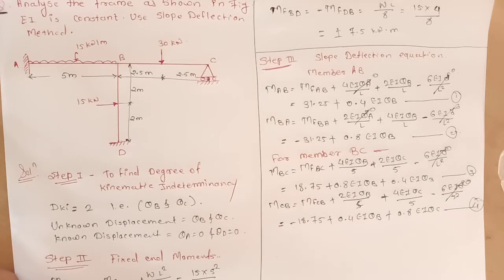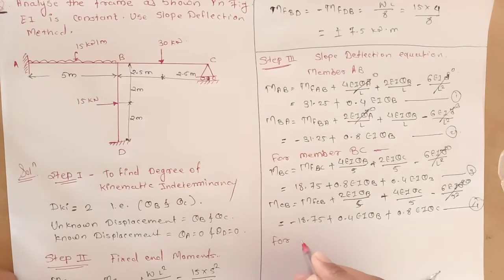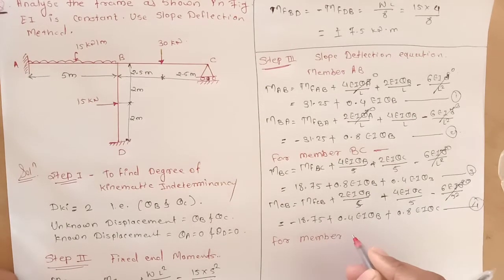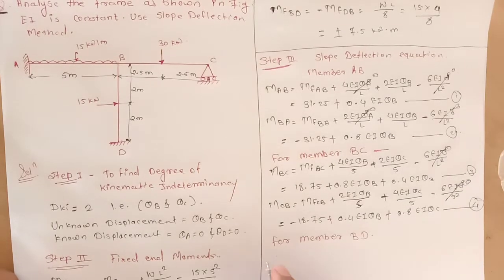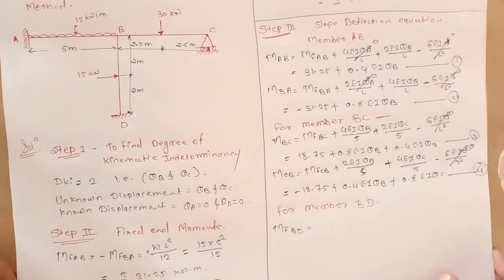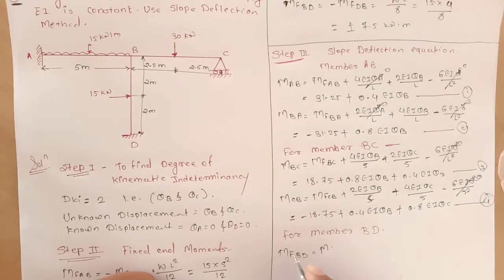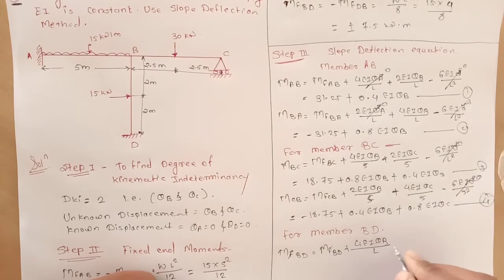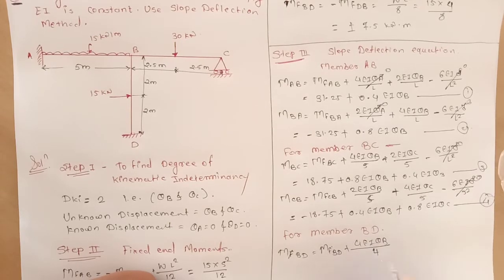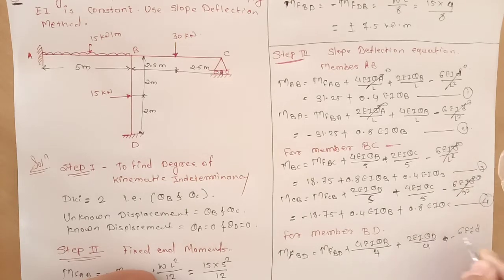After that, the next member, BD member. The formula for the slope deflection equation for member BD is fixed moment for member BD plus 4EI theta B divided by L, where L is 4 meter, plus 2EI theta D divided by 4 minus 6EI delta divided by 4 square.